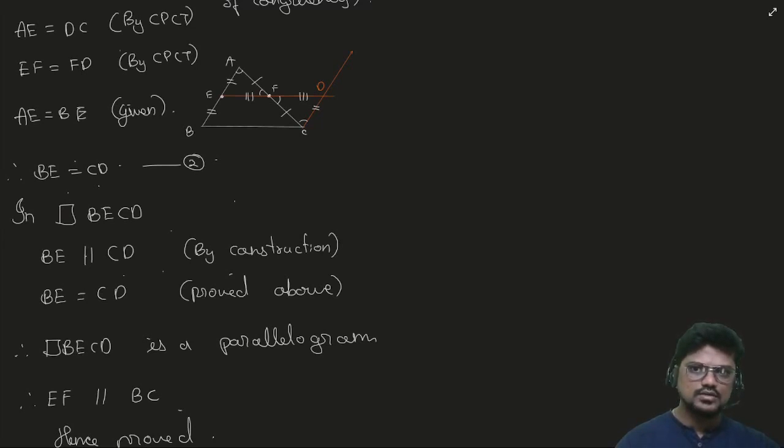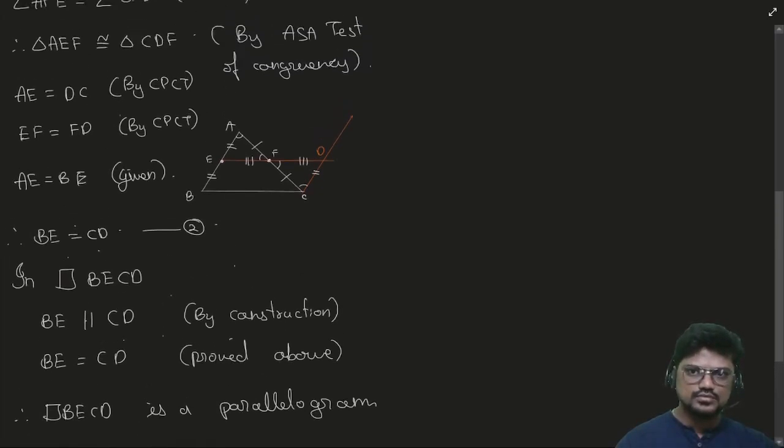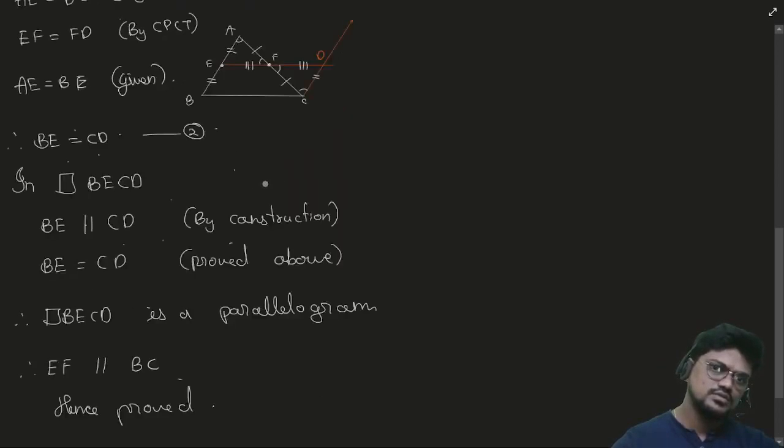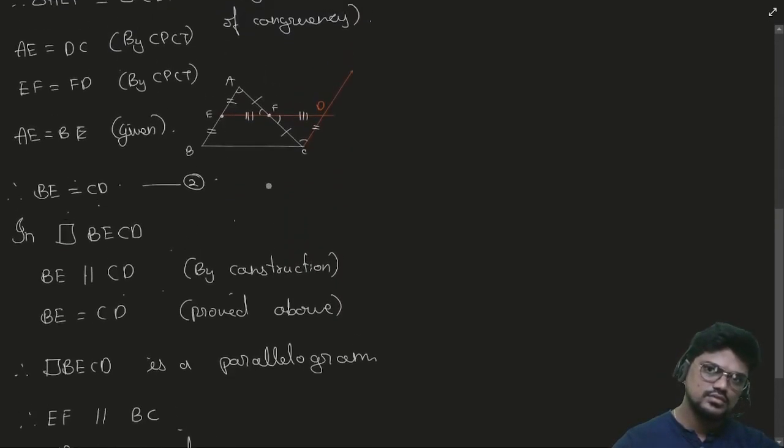The first one, AE equal to DC, yeah, by CPCT, no? These are the corresponding sides, this and this side. See, these two triangles are congruent, no? So EF equal to FD, that is why we need to write. Which one?